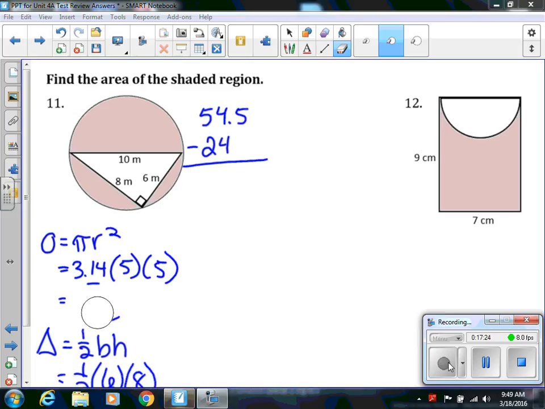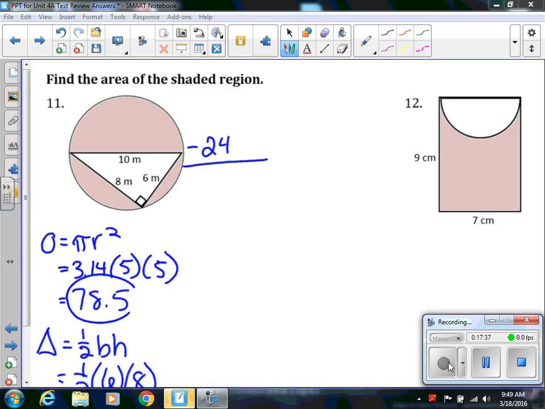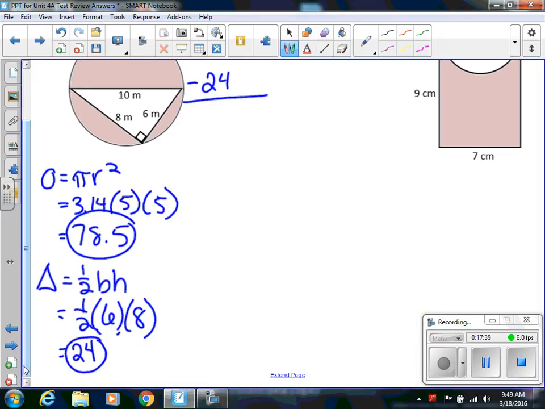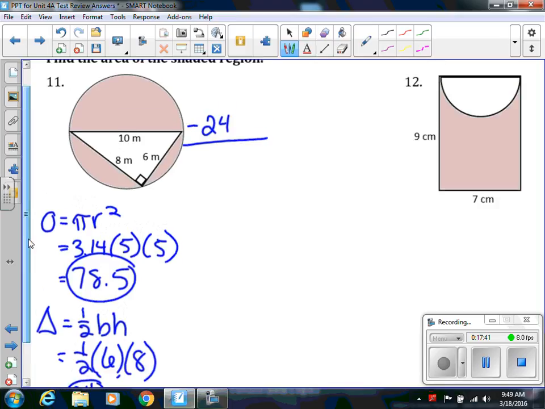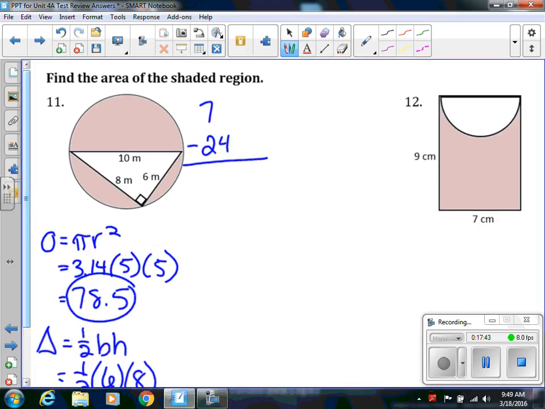Let me go back. This right here, when I do this, the math for the circle actually comes out to 78.5, sorry. That's my math for the circle. And then we have 24 for the triangle. When I do the math now, we have 78.5 minus the 24 gives me my actual shaded area of 24.5 meters squared. So this is this answer.